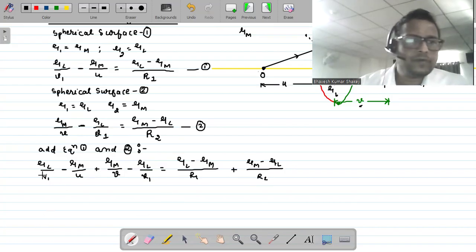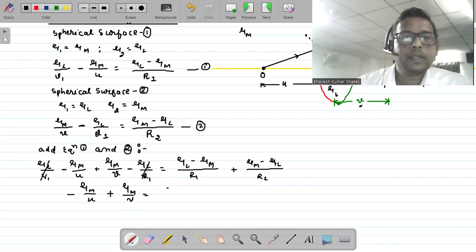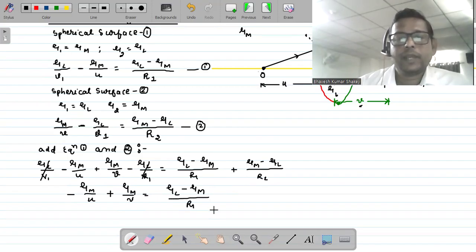You can see that mu L by V1 cancels out. So you get minus mu M by U plus mu M by V is equal to (mu L minus mu M) divided by R1. Take the minus sign here.